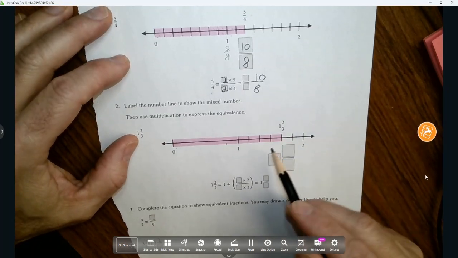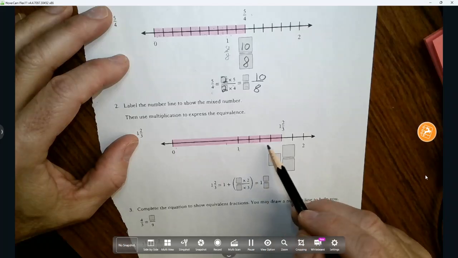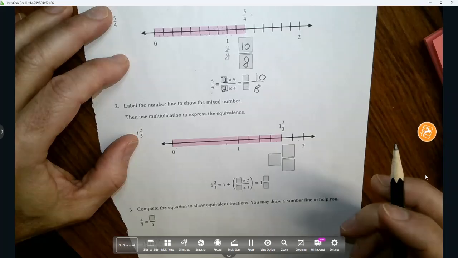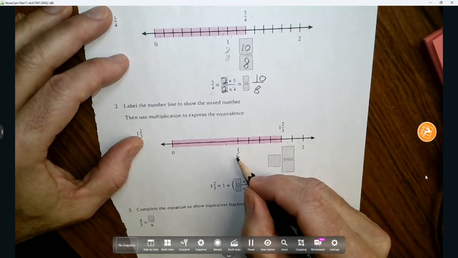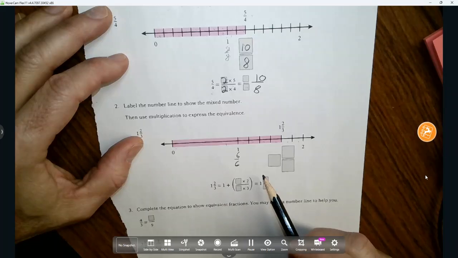But from 1 to 2, we have something here. Look, 1, 2, 3, 4, 5, 6. So that just showed us 6, right? That means this 1 is 6 over 6. So our bottom number is now 6.